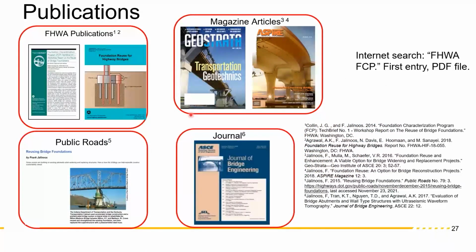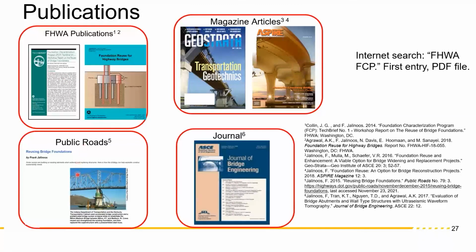There were a lot of publications in this. This was about 5 years ago that I finished this project. When I'm looking again on the corrosion side, if you want to look at these publications, you just do an internet search of FHWA FCP. FCP was the name of the project, Foundation Characterization Projects, and then you can get access to some of these reports. These are the two federal highway reports.